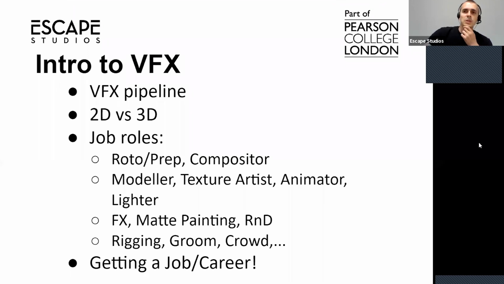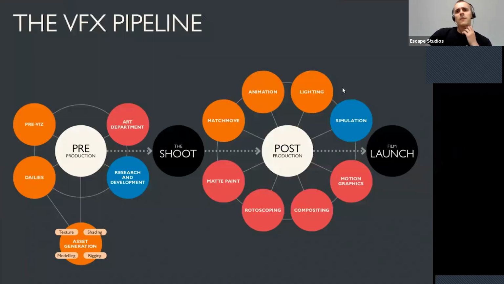So I'll start with this, which is a very simplified version of how films get made. And there's generally three main stages that we, as visual effects artists, are involved in. And the important bit generally that people know most about is the shoot.